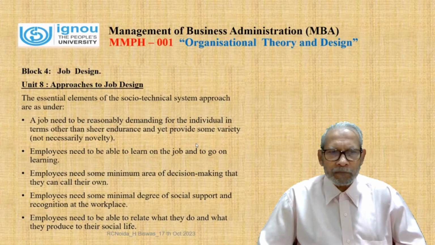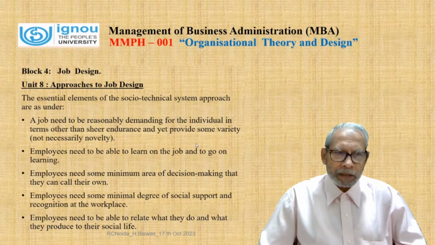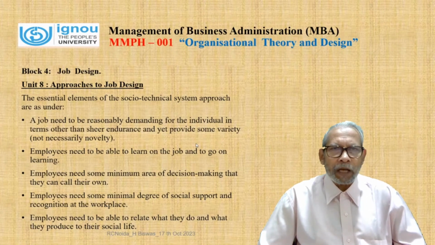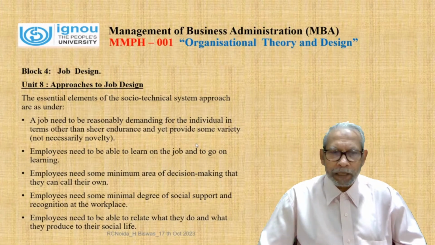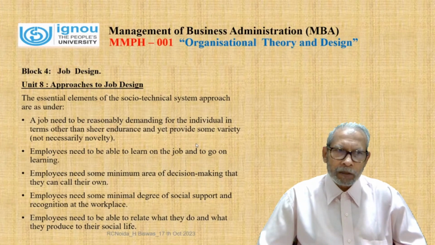Employees need some minimum area of decision making that they can call their own. Employees need some minimal degree of social support and recognition at the workplace. Employees need to be able to relate what they do and what they produce to their social lives.